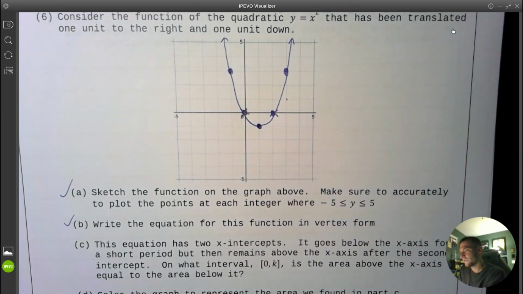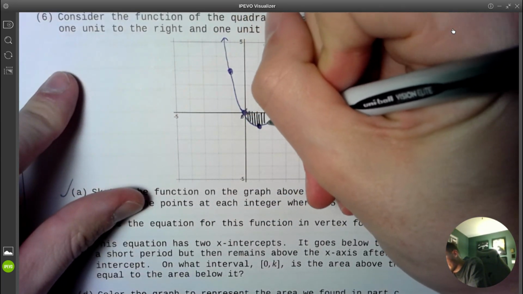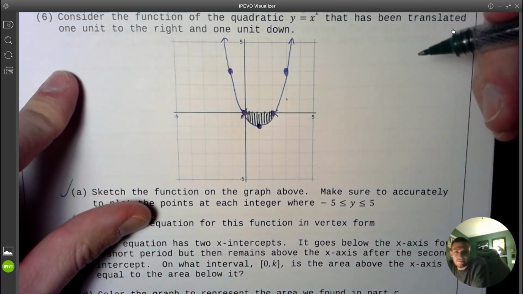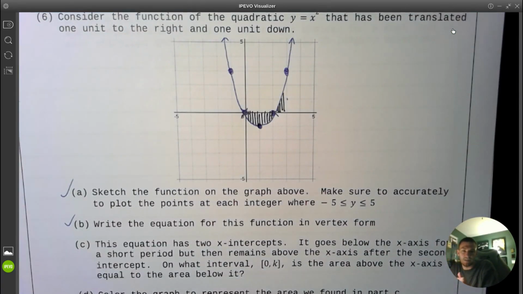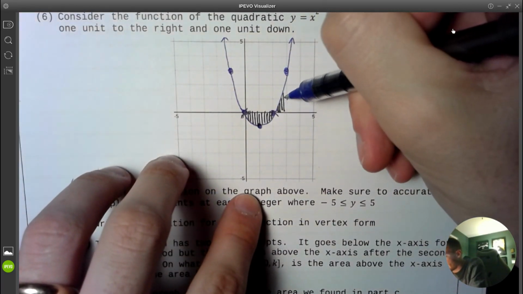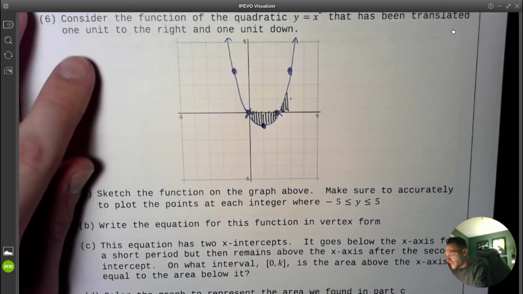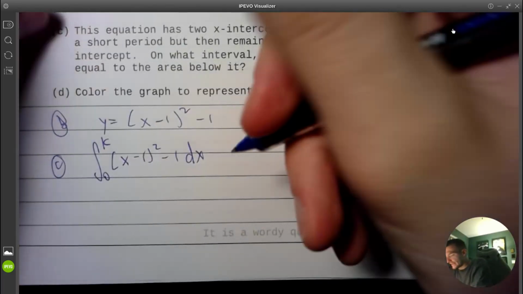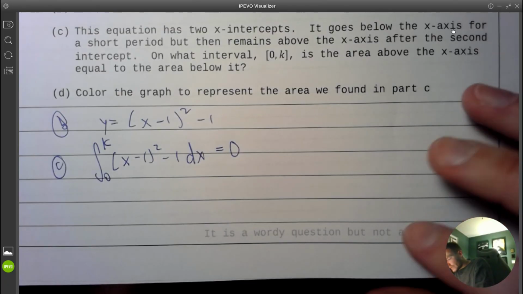So if they are equal to each other, we should have 0. As we color it in, we have all that negative area, and we've got to start to build back some positive area. I don't know when it stops. Maybe it stops at 2.5 or 3 or 3.5. So I can set this equal to 0.